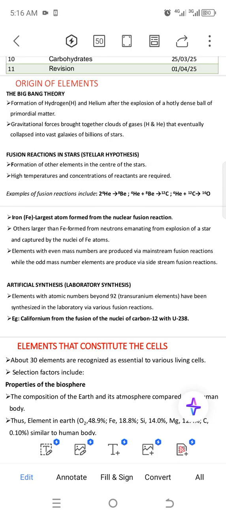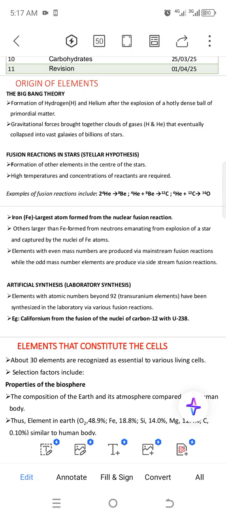So the next concept for the Big Bang Theory says that gravitational forces brought together clouds of gases, in brackets helium and hydrogen, that eventually collapsed into vast galaxies of billions of stars. What basically this means is that, according to the Big Bang Theory, the first element we have gained is hydrogen and helium.